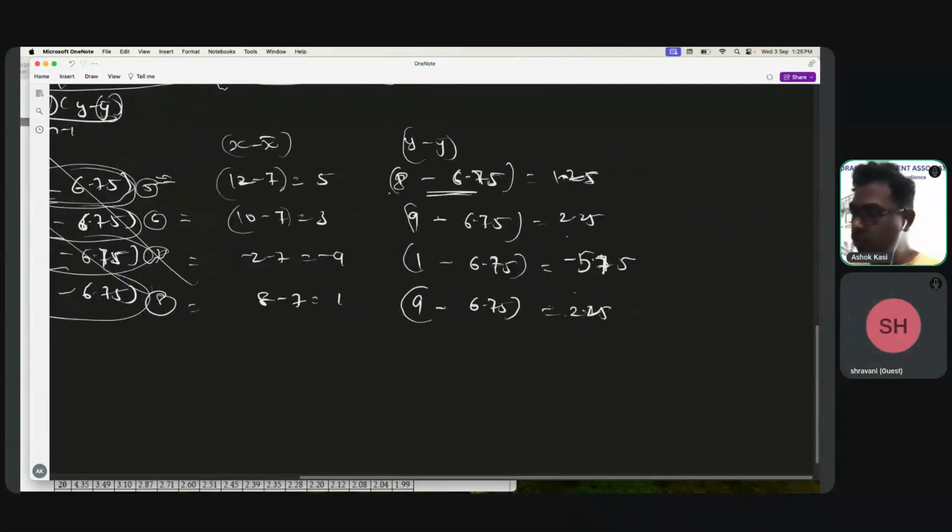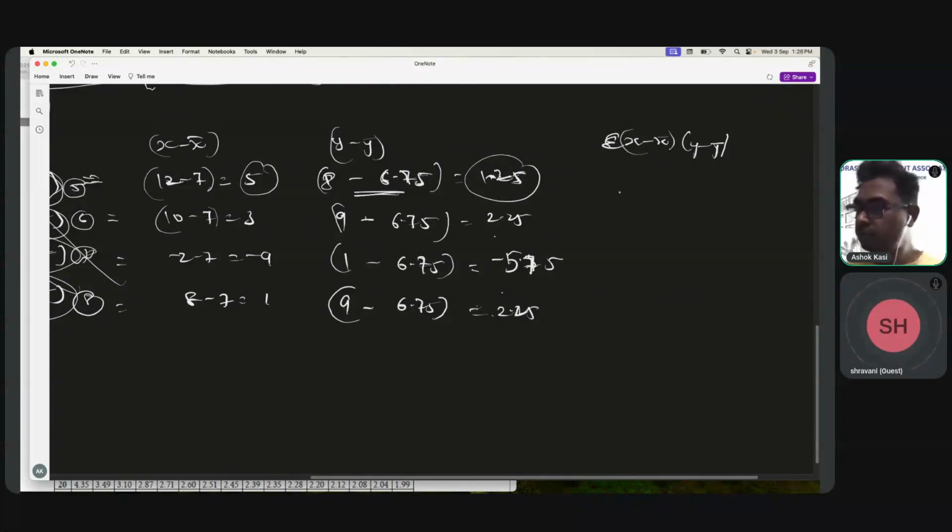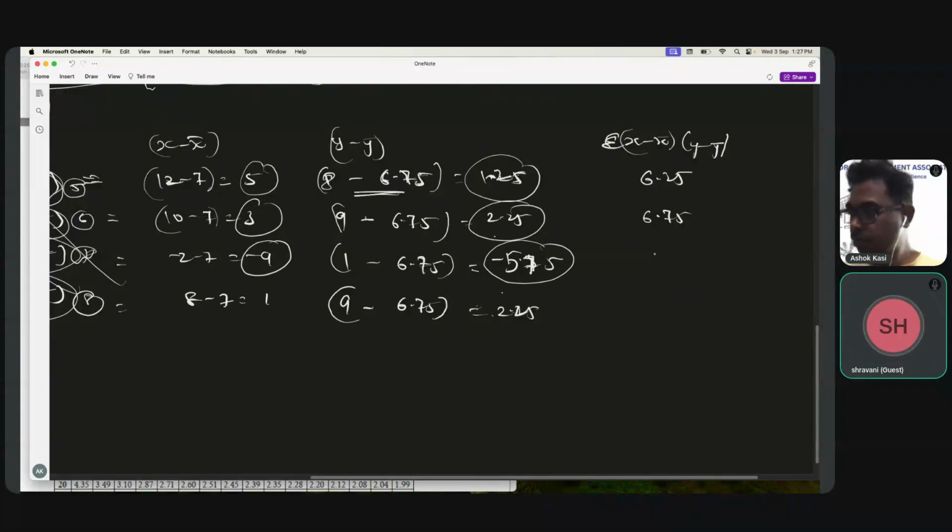So now the summation of x minus x bar into y minus y bar. So now you multiply these two. 6.25, 6.75, 51.75, 2.25.